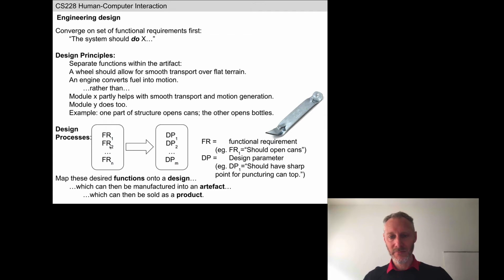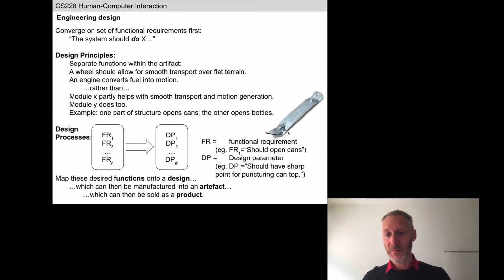If we come up with a modular design, we can then write down a set of functional requirements that are independent of one another. Let's go back to our bottle and can opener example. If we think about what we want this thing to do, we might end up with two separate functional requirements. FR1, it should open cans, and FR2, it should open bottles. Those are separate. If they're separate, we might then be able to sit down and create sub-designs or design parameters.